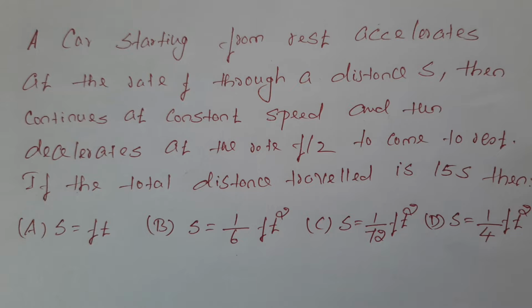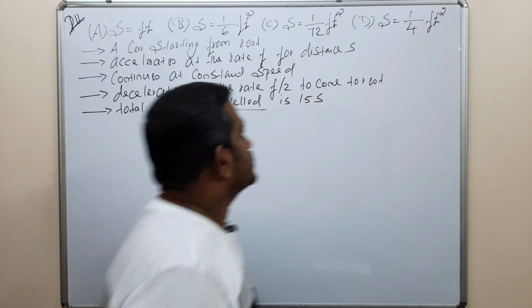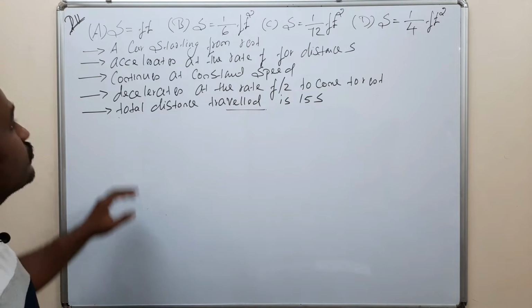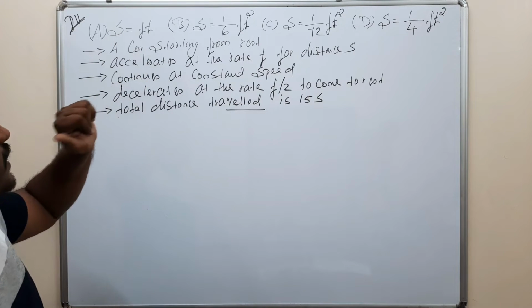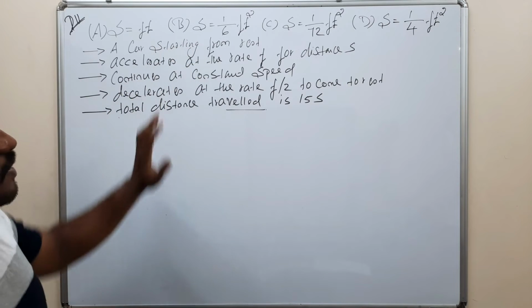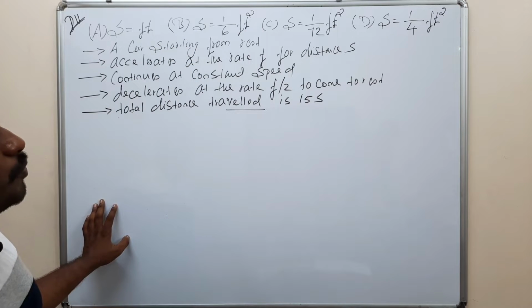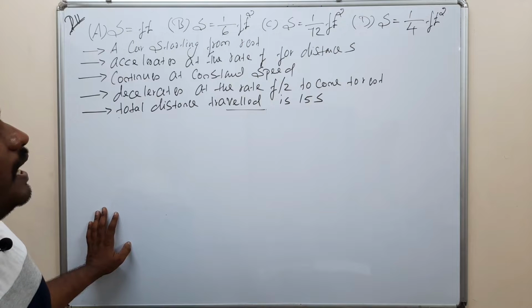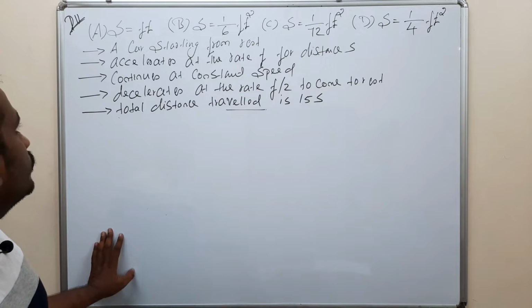The total distance travelled is 15s, then. These are the four options given for this question: s is equal to ft, s is equal to 1 by 6 ft square, s is equal to 1 by 72 ft square, and s is equal to 1 by 4 ft square.